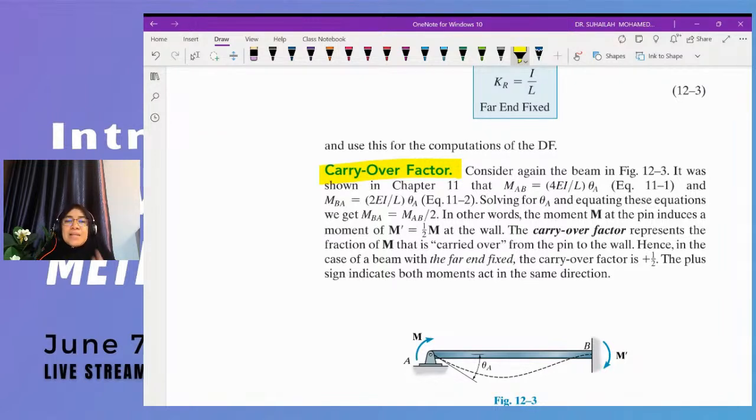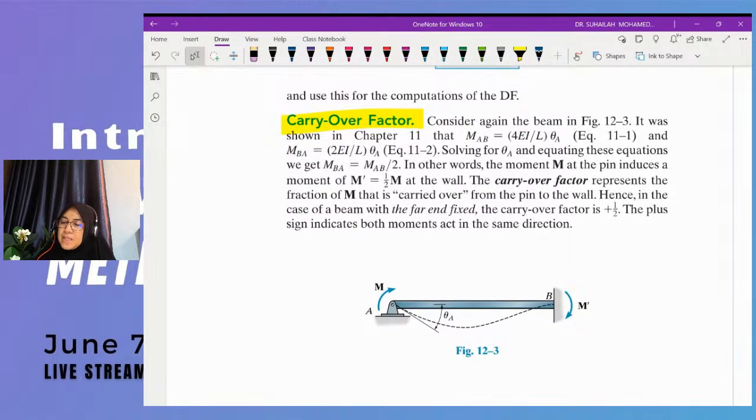Previously, the two main steps in the table are distribution and balancing. Under the balancing step, we have to use the carryover factor. There are two values of carryover factor, depending on the far end condition.